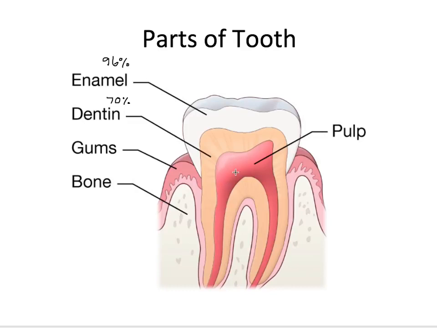And each pulp consists of specific parts. You have the pulp chamber up here, so that's basically this portion here. You have pulp horns, which are these parts that sort of stick up from the pulp chamber, and you have pulp or root canals, which refer to these portions.